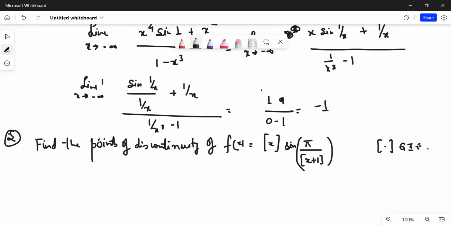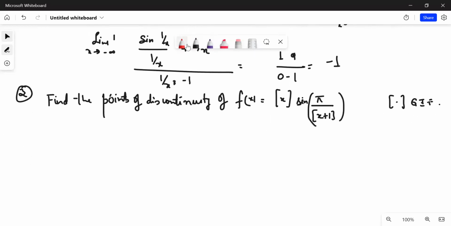Okay, so the first step, whenever you have a question which has some sort of function involved, and this is also from the JEE exam, the first thing that you should find is the domain of the function.